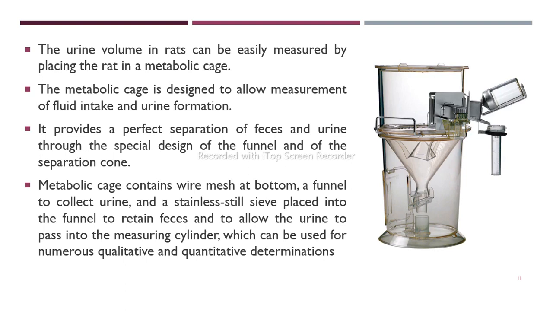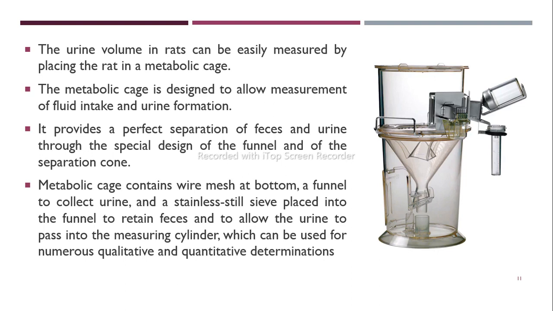The feces should not mix with the urine, so special care is taken that this apparatus will separate the urine from the feces. That's why the metabolic cage is so special.